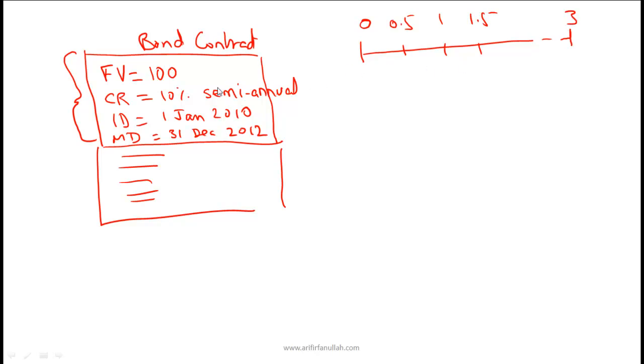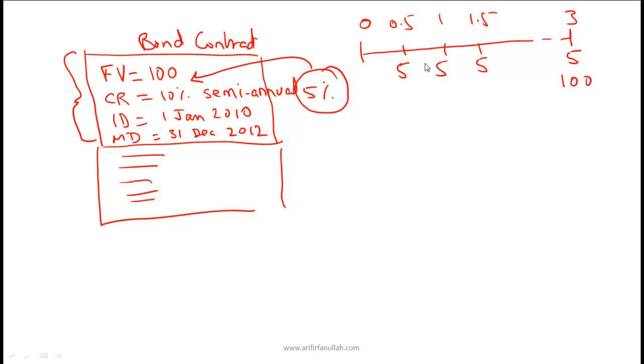When we say 10% semi-annual, that means that every 6 months the company is going to pay 5% of the face value. 5% of 100 is $5. So every 6 months the company is going to pay $5, and this will go on till the end. Face value of 100 means that the company will pay 100 on the maturity date.